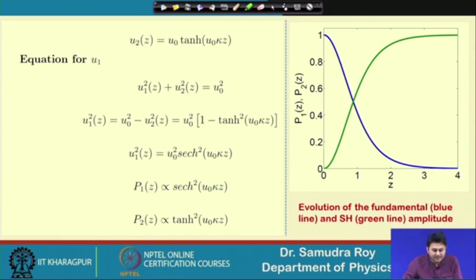It is interesting, because if you remember in the previous case, we considered that there is no pump depletion, that means u 1 is constant. In that condition, whatever amplitude we figured out for the second harmonic was proportional to z.